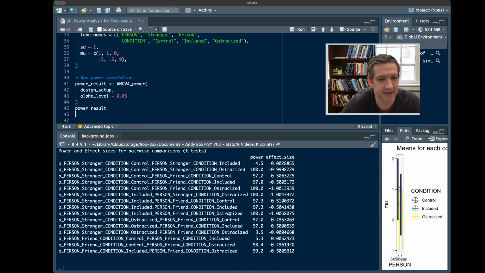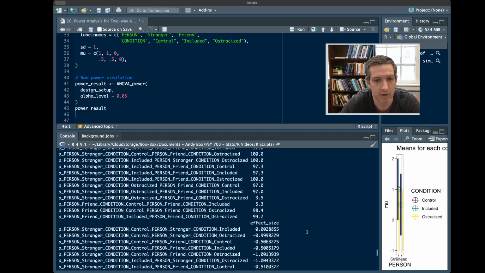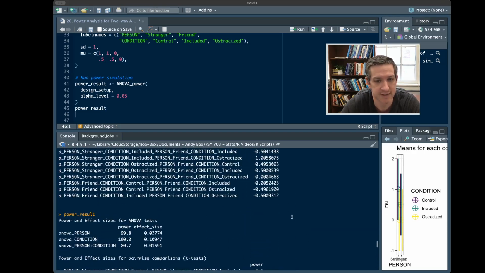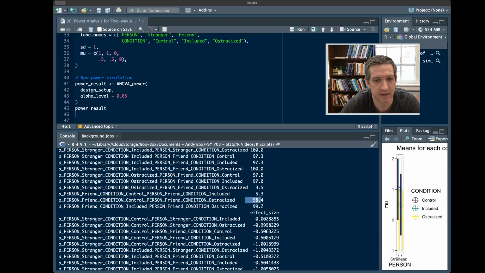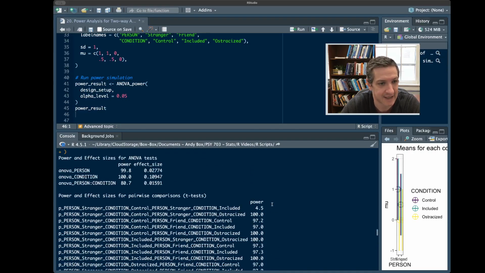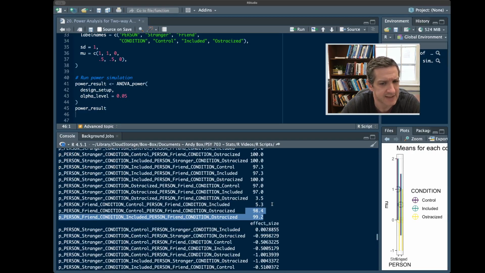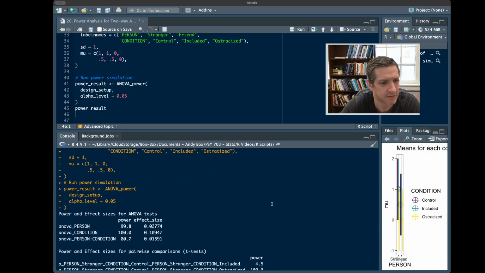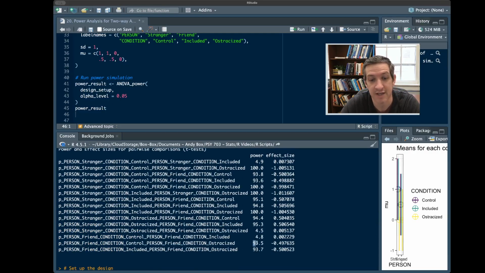The real benefit is when we look at power, again, for those simple effects involving the friend conditions. Before, the power for those was 98, 99%. Wait a second. No, that was for the most recent one, so we got to go further. That was around 94%. Not bad, but maybe you want to scoot it up even higher.